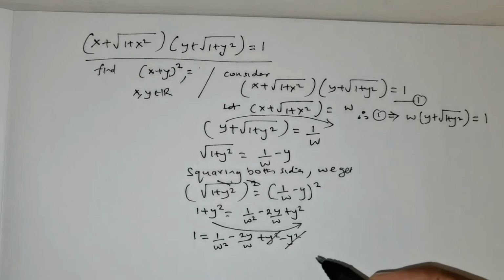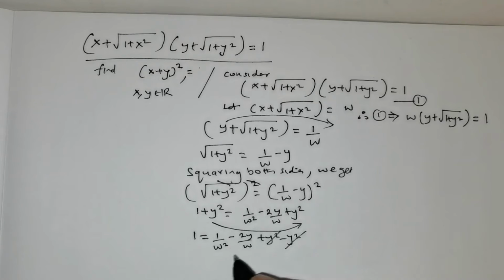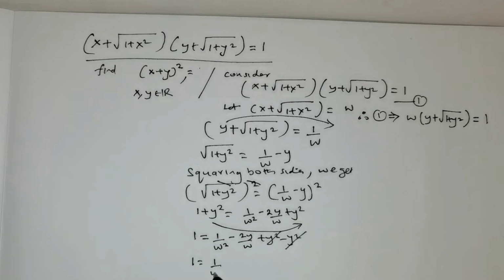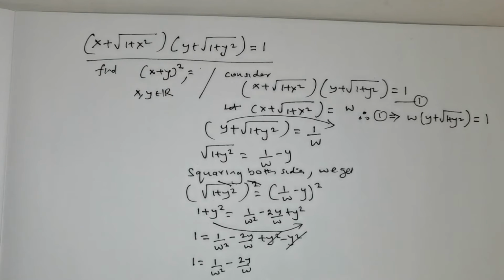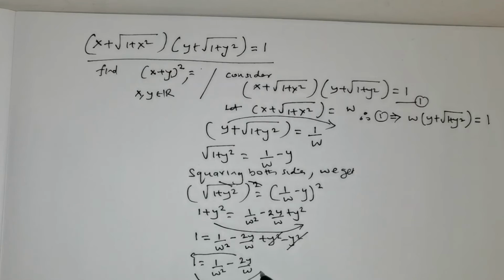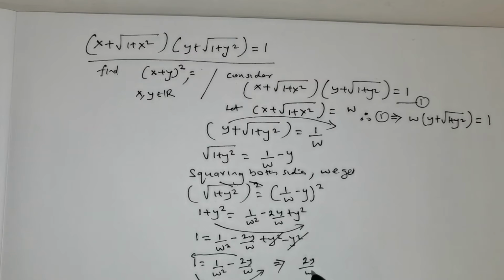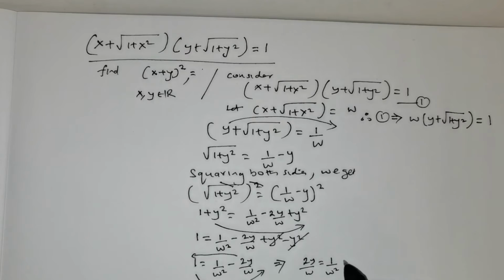So they would be cancelled. That means I would now have 1 equal to 1/w² − 2y/w. I would move this to the left and move this to the right, so I would now have 2y/w equal to 1/w² − 1.